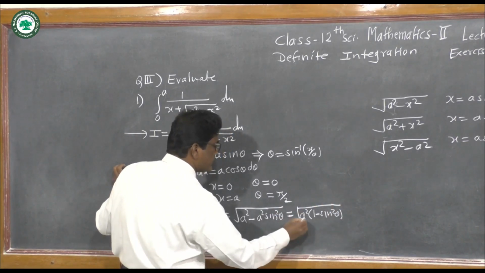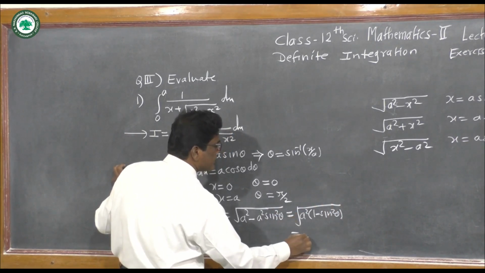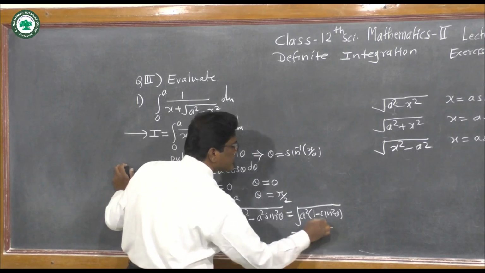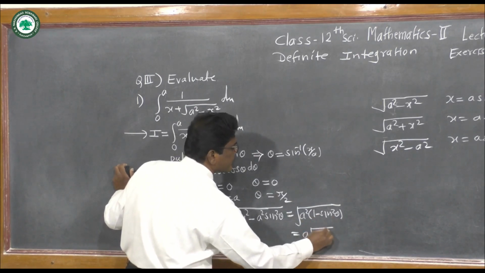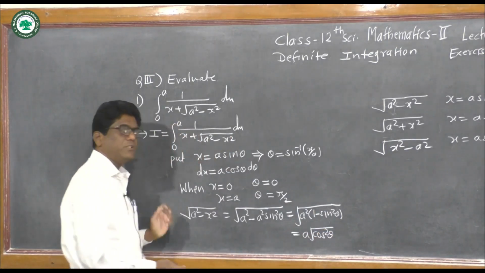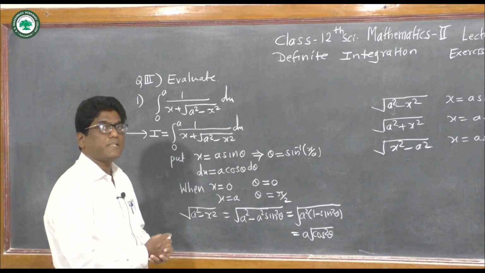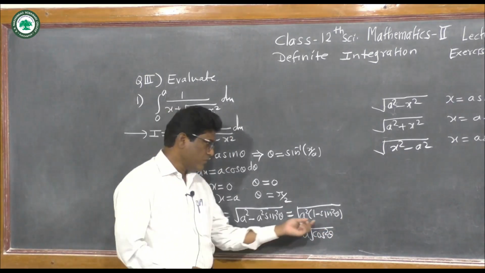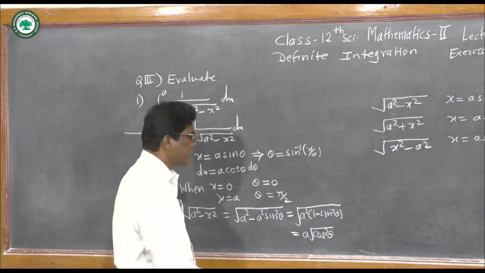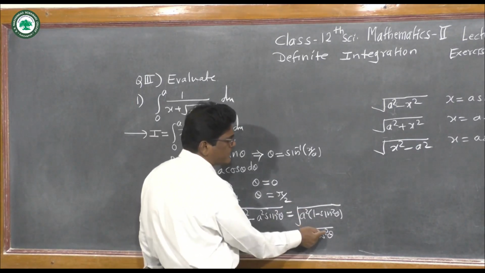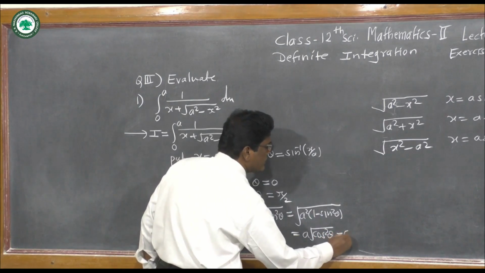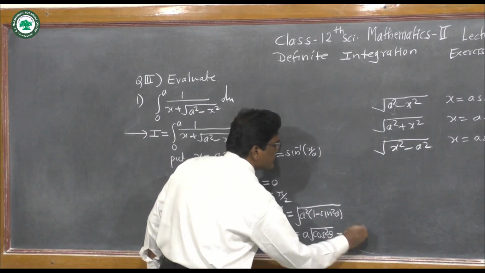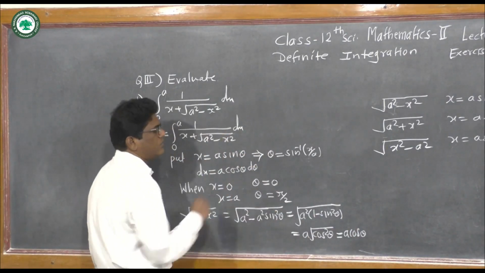Take a square outside the root, we get a under root of 1 minus sine square theta. Using the first fundamental identity, sine square theta plus cos square theta is 1, and therefore 1 minus sine square theta is cos square theta. Square root and square get cancelled, so it is equal to a cos theta. So the value of this root is a cos theta.